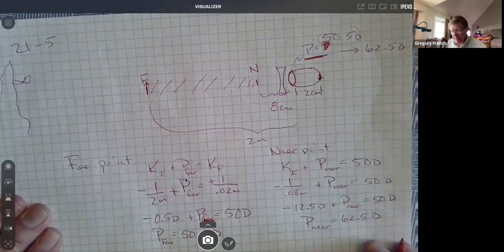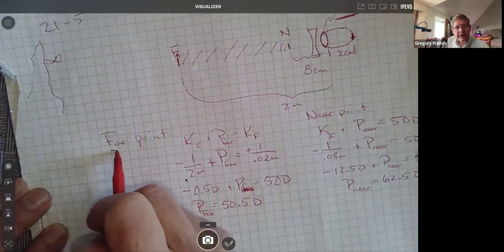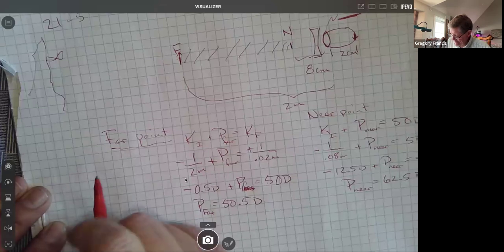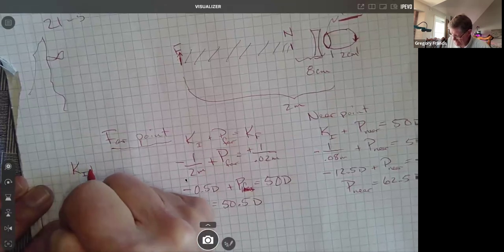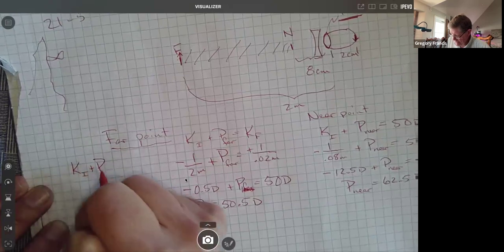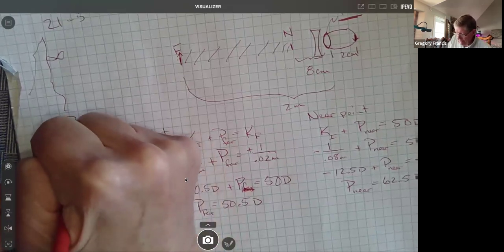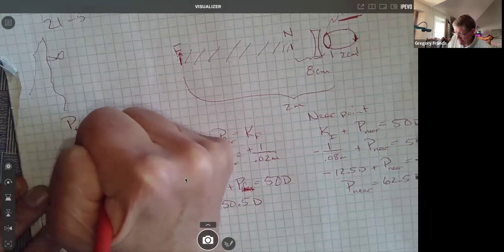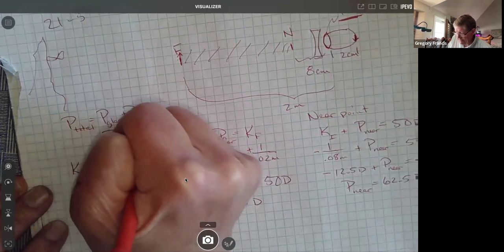But how strong should it be? Well, let's do this far point calculation again, but now we will do it for P total, where P total is going to be the P of the glasses plus the P of her lens. Okay?